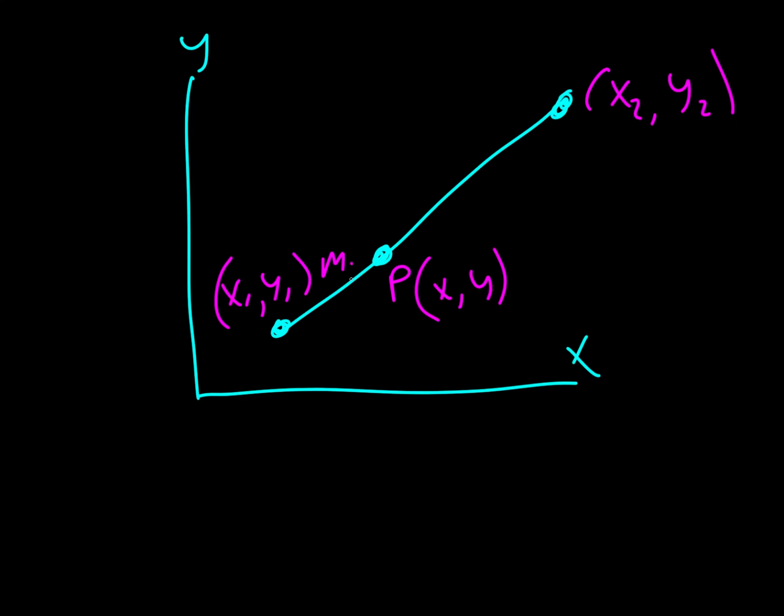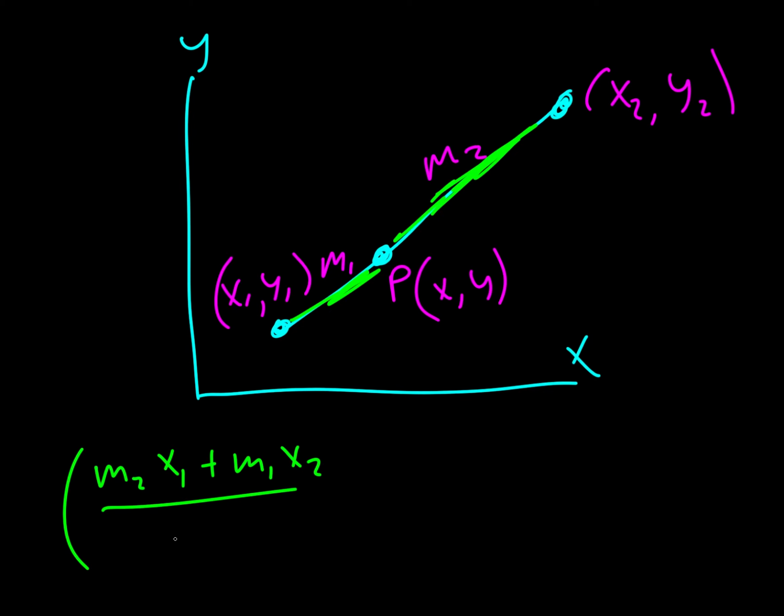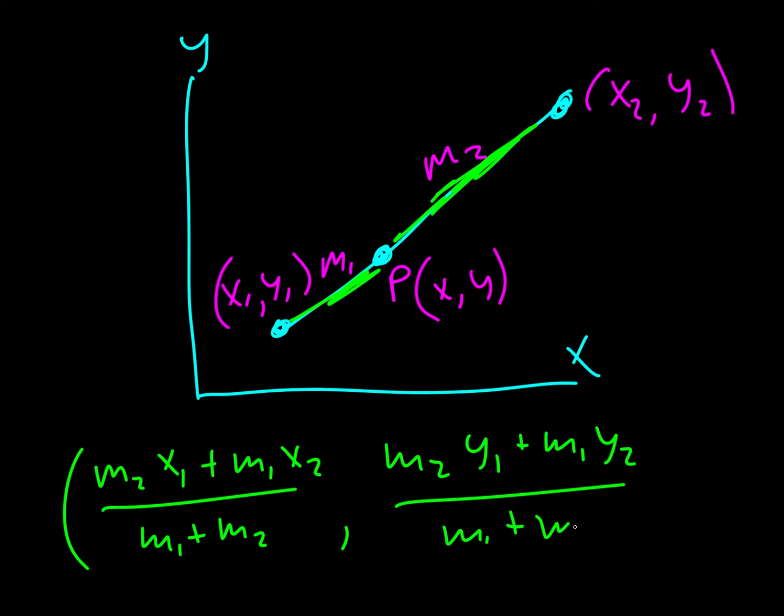But then we're going to think of a ratio right here. We want to know how big this segment is compared to this segment, and that's what these M1 and M2 are going to do. And so the midpoint formula becomes that, okay?